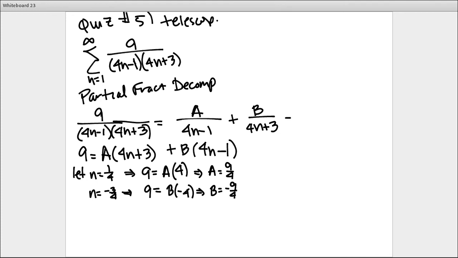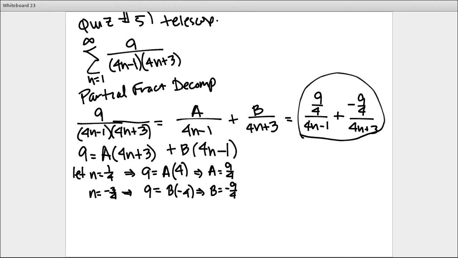So this is equivalent to 9 over 4 over 4n minus 1 plus negative 9 over 4 over 4n plus 3. Now that's your series, so you replace it: the sum from 1 to infinity of 9 over 4 over 4n minus 1 plus negative 9 over 4 over 4n plus 3.